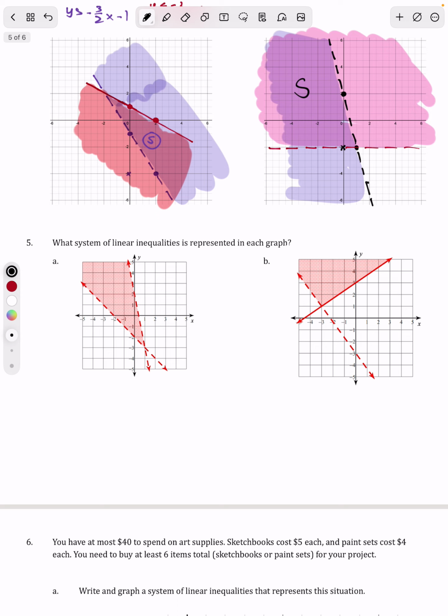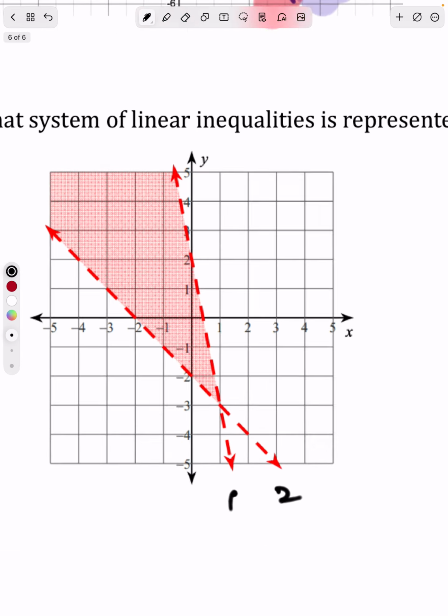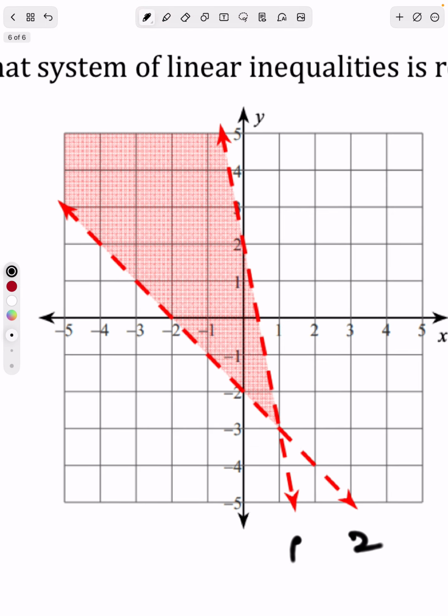Number 5, what system of linear inequalities is represented? We need to get the equations of each of these boundary lines. I'm going to call this 1 and 2. So line 1, my eyes are bad, I got to zoom in, has a y-intercept of 2 and a slope of, is that down 5? 1, 2, down 5 over 1. That's a negative 5.